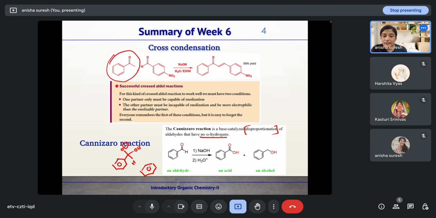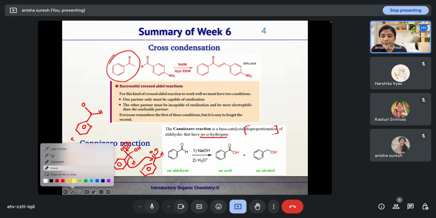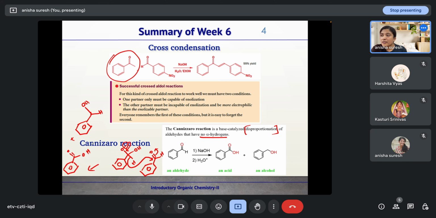And when the oxygen falls back, this hydride will attack another molecule of this benzaldehyde, leading to formation of a carboxylic acid, C double bond O, OH, plus one alcohol. This is O minus. It can abstract a proton from water upon hydrolysis, leading to formation of an alcohol. Clear? So this is Cannizzaro reaction.